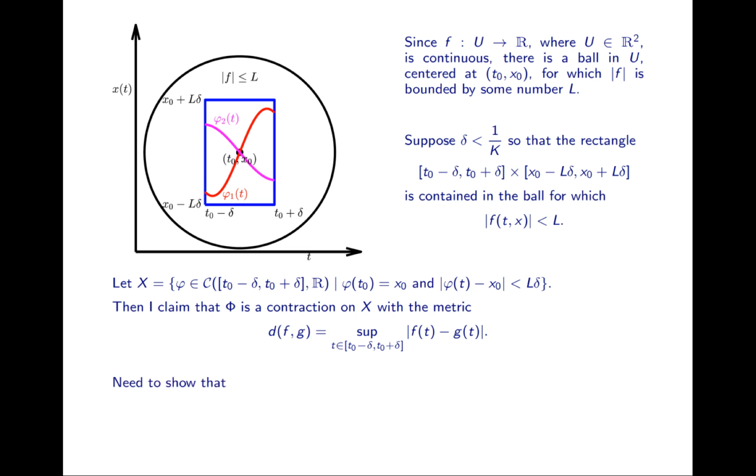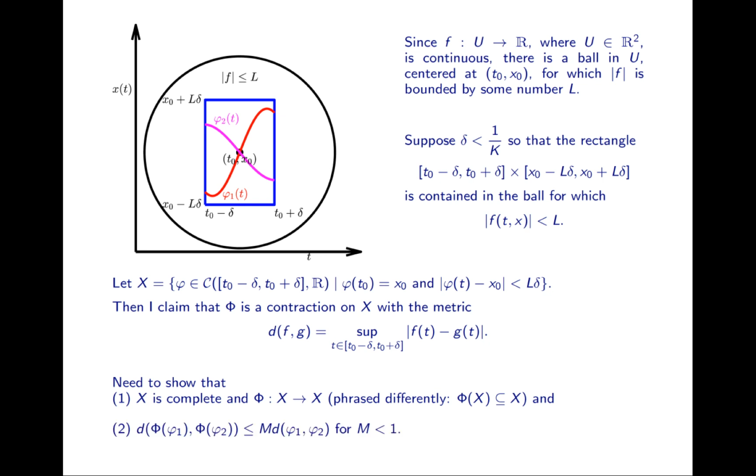Now, if I make that claim, I need to show, 1, that X is complete, and that phi of X is contained in X. And 2, I need to show that the distance between two functions mapped by phi is less than or equal to some non-negative number that's strictly less than 1 times the distance of the original two functions, where again that distance is measured using the supremum metric. So let's show these two things.